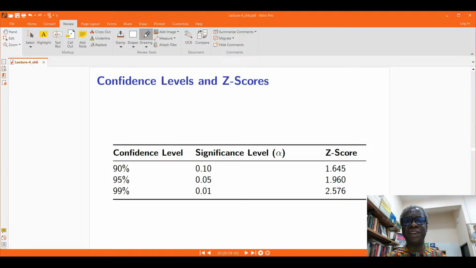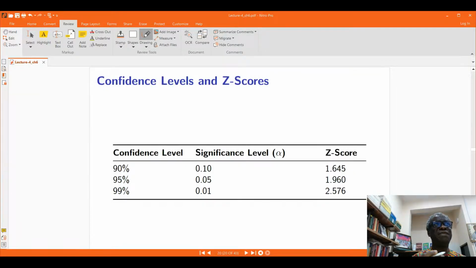The significance level, I will still talk about that later, but for now, since we said the confidence level is the level of confidence that you have, I would define the significance level as the level of doubt that you are willing to entertain.